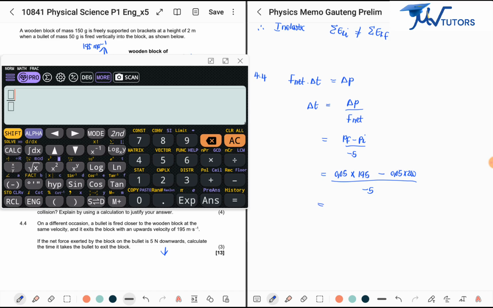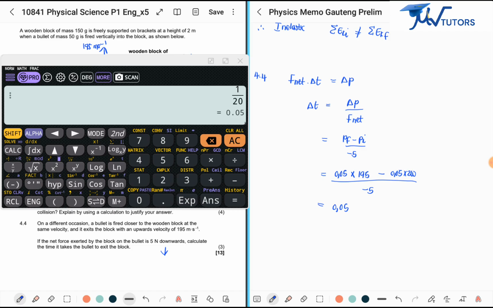You can actually take the common factor of the mass out, and you're left with 195 minus 200. Otherwise just put everything in the calculator as is, just to avoid silly mistakes.